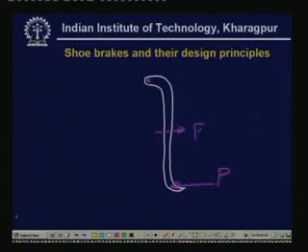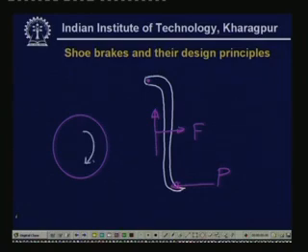This is the friction force F, this is the normal force, and the friction force, because now the drum is rotating.